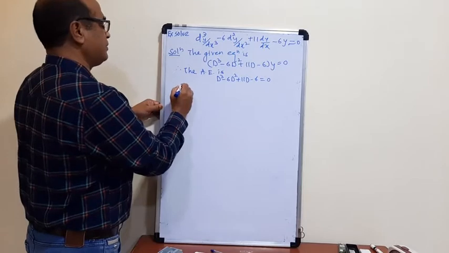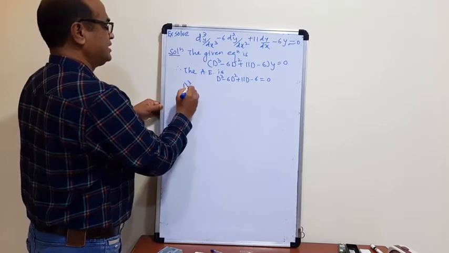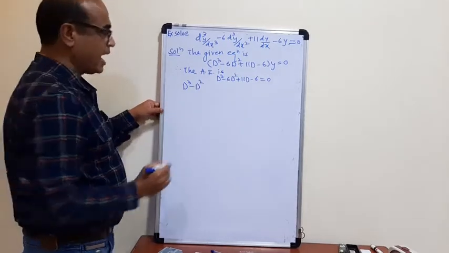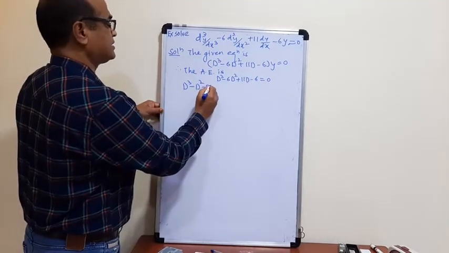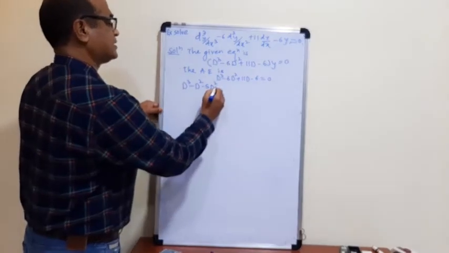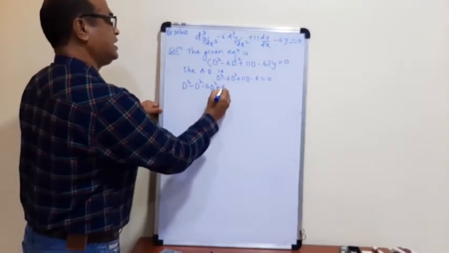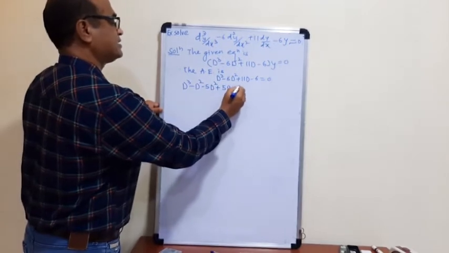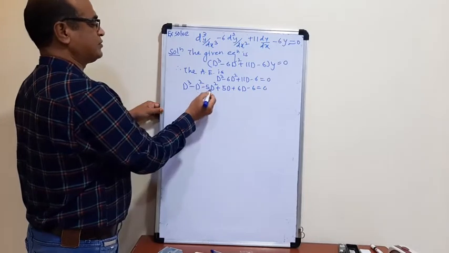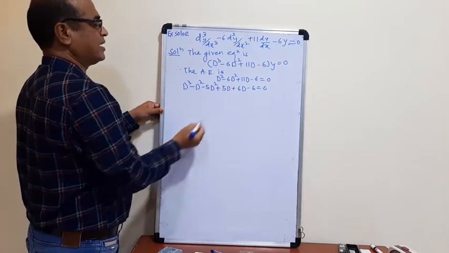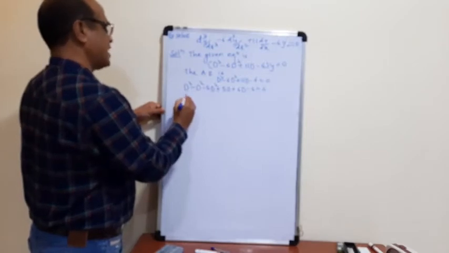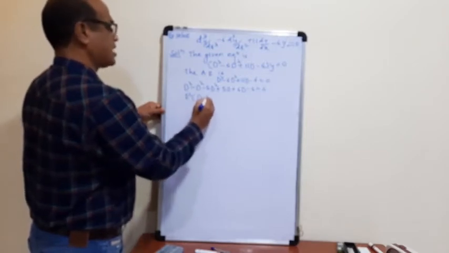This equation can be written as d cube minus d square, minus 5d square plus 5d plus 6d minus 6 is equal to 0. Minus d square minus 5d square is minus 6d square, and 5d plus 6d is 11d. Common out d square, so that is d minus 1.